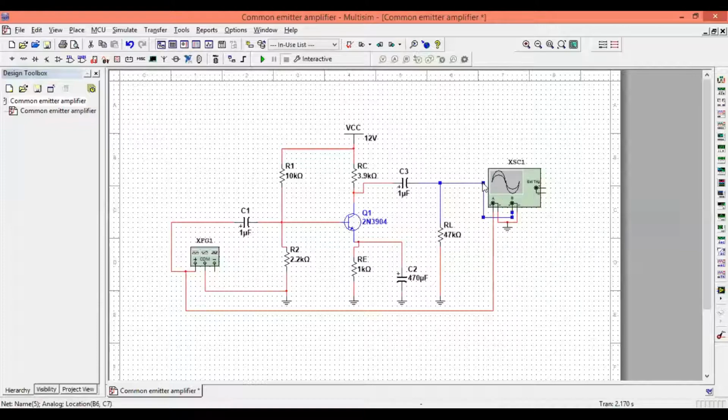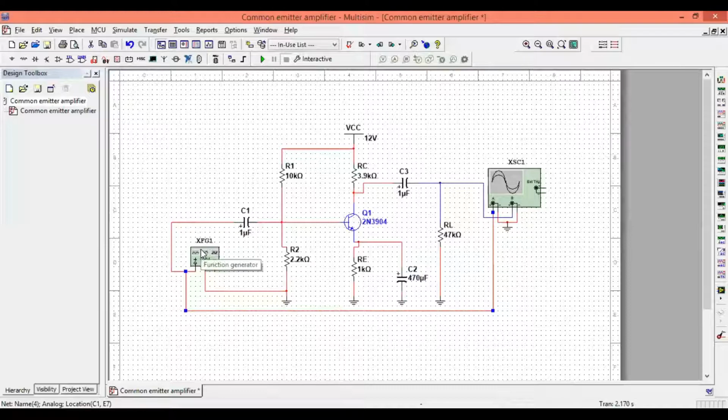If we look at this wire, I can change the color of this wire so that the signal which we will observe on the oscilloscope can change. So here the output signal is blue and the input signal is red.